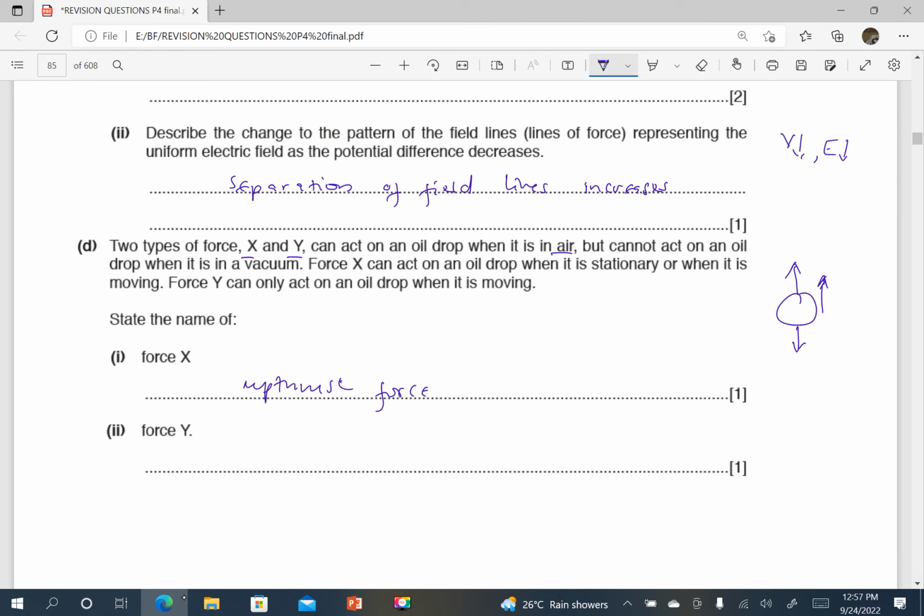Then the force Y can only act on an oil drop when it is moving, that is friction. So that is air resistance. Air resistance tends to oppose the relative motion. So that is air resistance, or sometimes called viscous force, or sometimes called just drag.